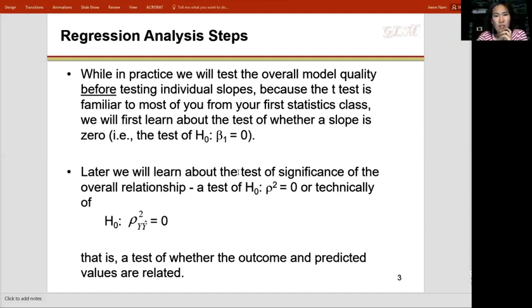So the test of significance of the overall relationship means the relationship between our observed y and y hat. Y hat is the estimated line, the regression line. So the relationship between observed values and the estimated line.